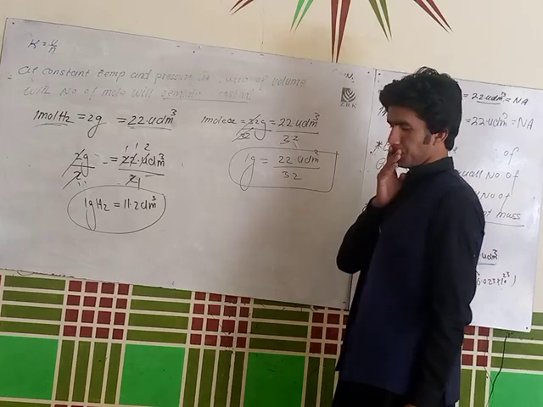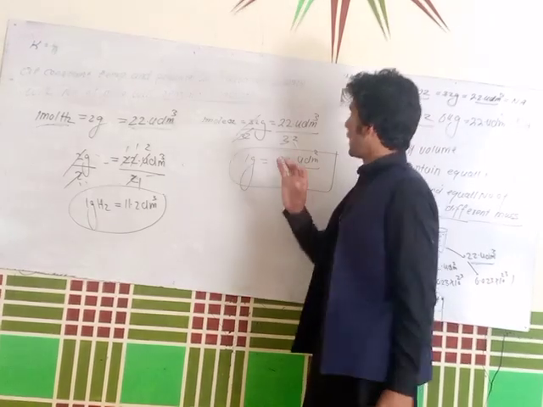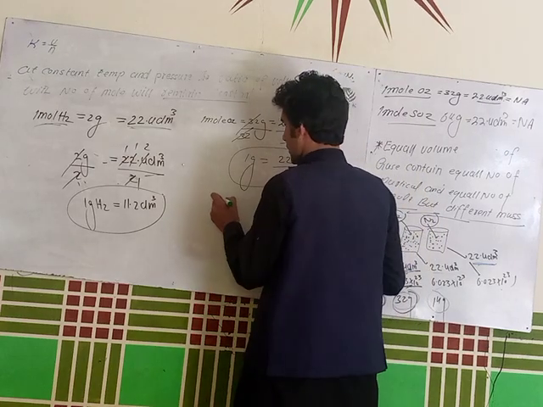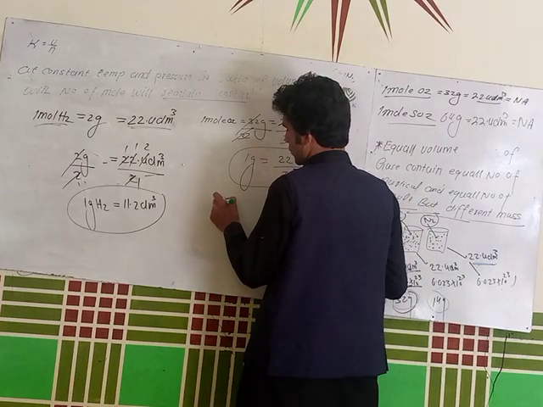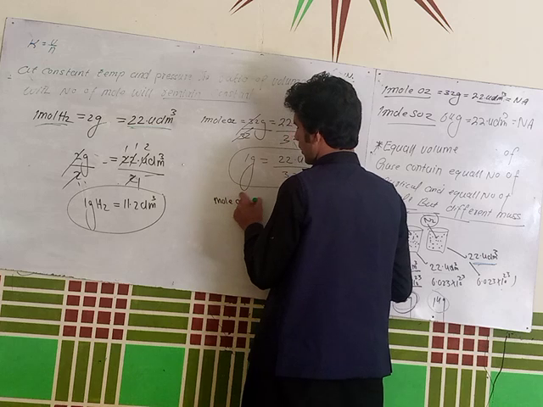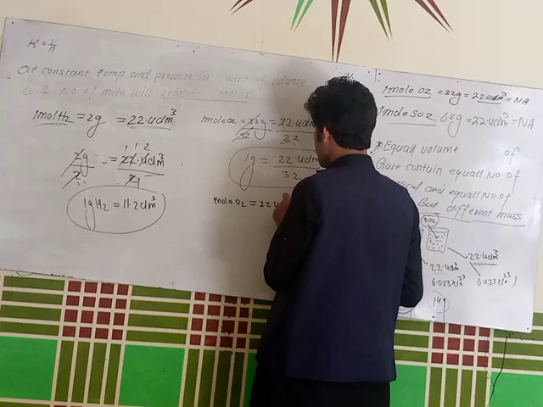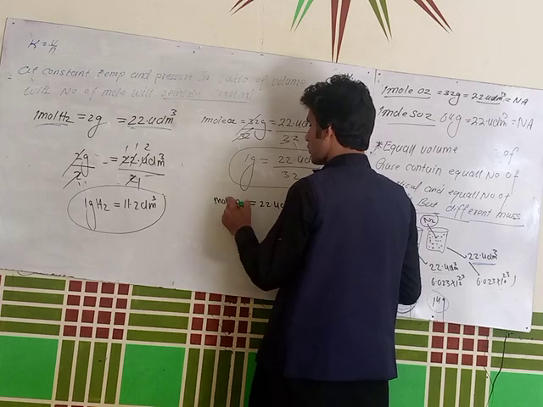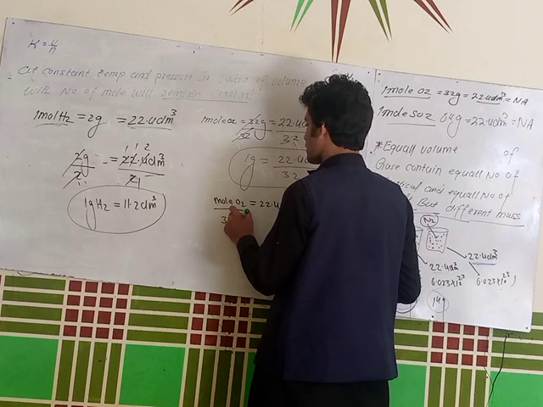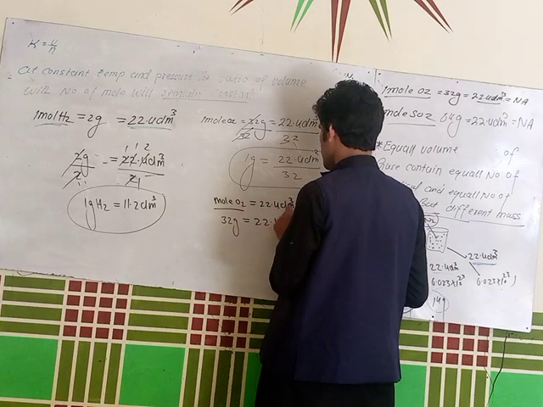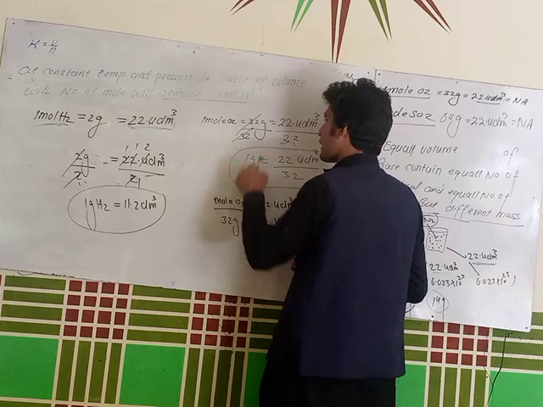Look at it. If someone asks you such a question, if I take 1 mole of oxygen, it occupies 22.4 decimeter cube. We know that 1 mole of oxygen is equal to 32 grams, so 32 grams is equal to 22.4 decimeter cube. This is talking about the grams.